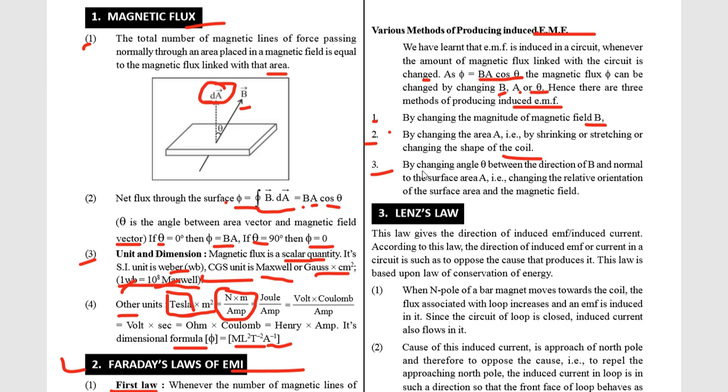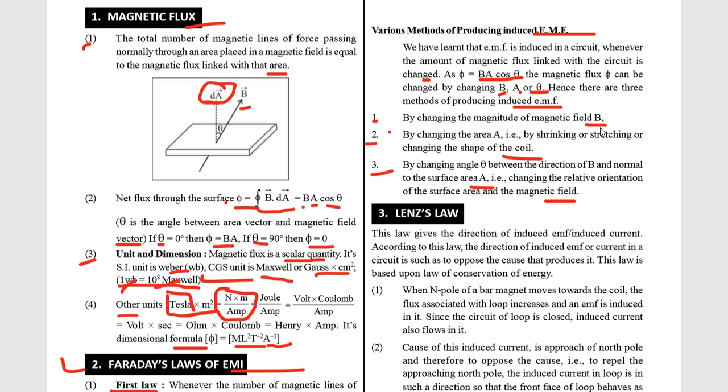Third point is by changing the angle theta between the direction of B and the normal to the surface area A, that is, changing the relative orientation of the surface area and magnetic field. So you can develop induced EMF in a circuit by changing three quantities.